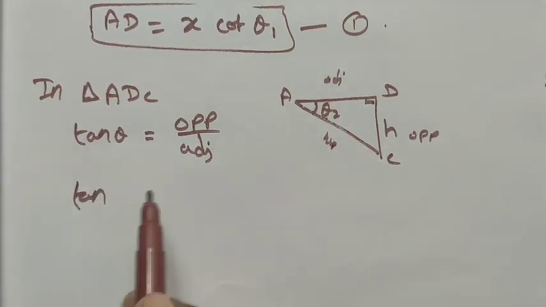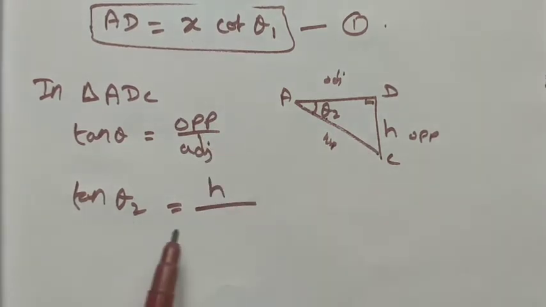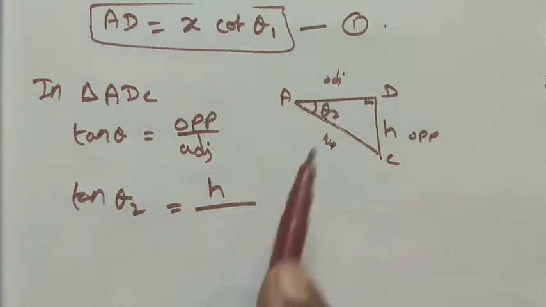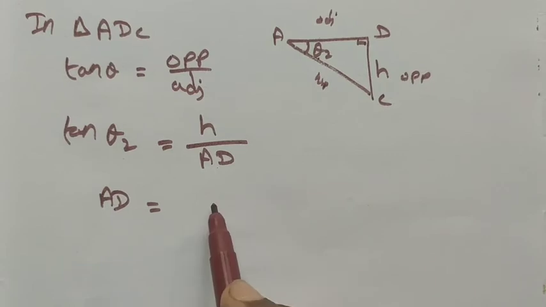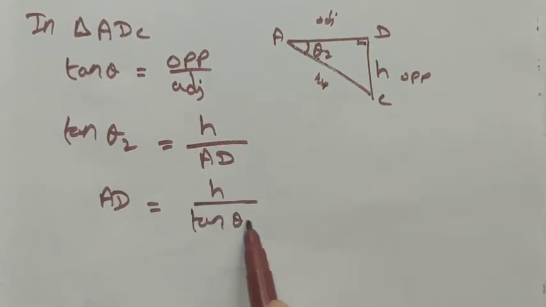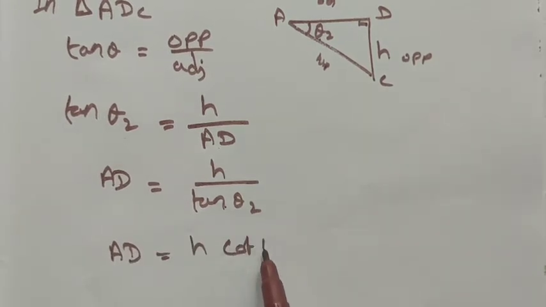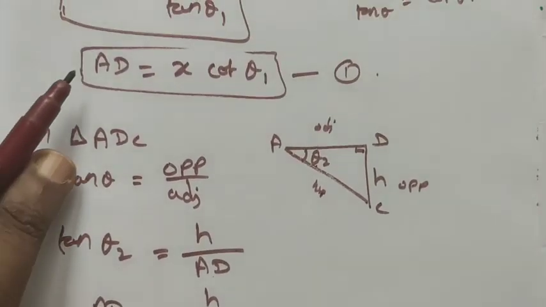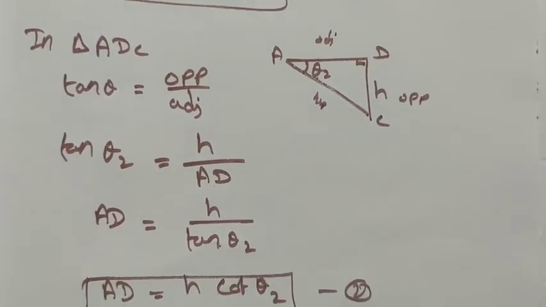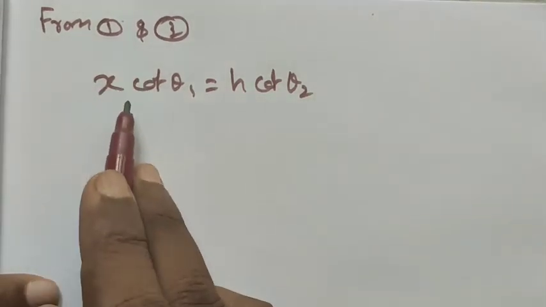So tan theta 2 is equal to the opposite side h divided by the adjacent side AD. Taking AD to the other side, AD is equal to h divided by tan theta 2, and 1 divided by tan is nothing but cot theta, so AD is equal to h cot theta 2. Equation number 2. From the first and second equations, both having AD, we take equations 1 and 2.